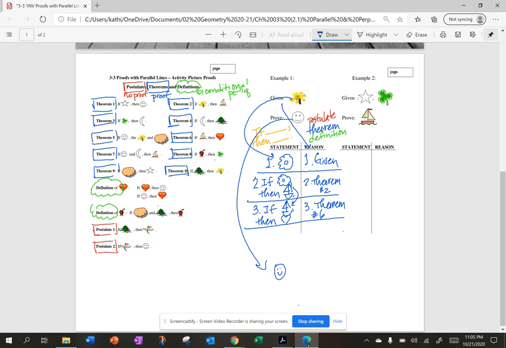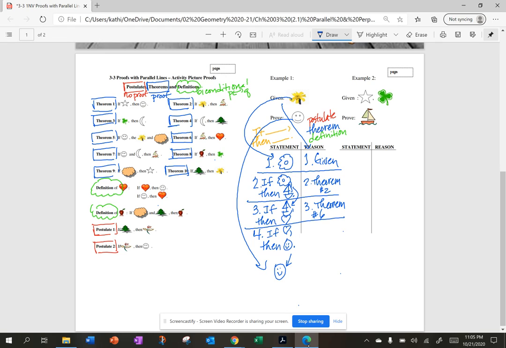Okay. And then over here on the definitions, I see if I get a heart, then I can have a smiley face. So if heart, then smiley face. And that's what I'm trying to get right here. Okay.